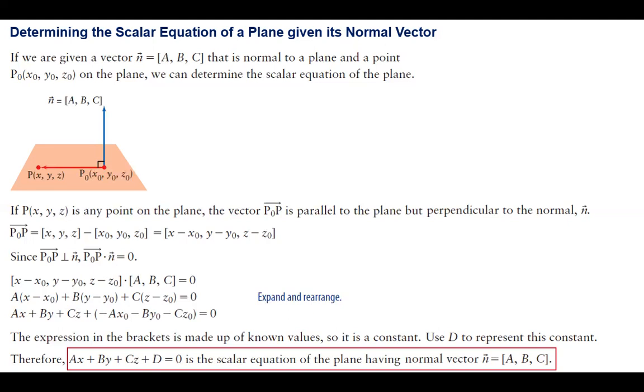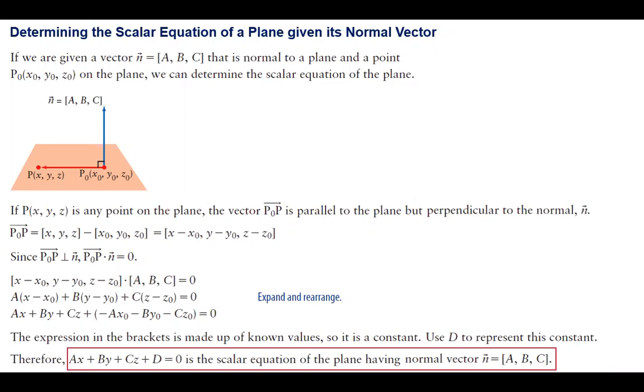So normal is represented using letter N, vector N. Okay, so vector P naught P equals x, y, z minus x naught, y naught, z naught, which equals x minus x naught, y minus y naught, z minus z naught. That's the 3 components for vector P0P, right?